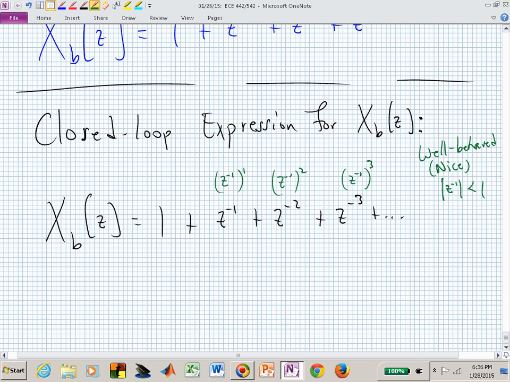To determine what that finite value is, now we do the strategy that we learned last time. What if I scale both sides by z to the minus 1? I now have 1 times z to the minus 1, and let me write it over here. Then I have z to the minus 1 times z to the minus 1. That's z to the minus 2.